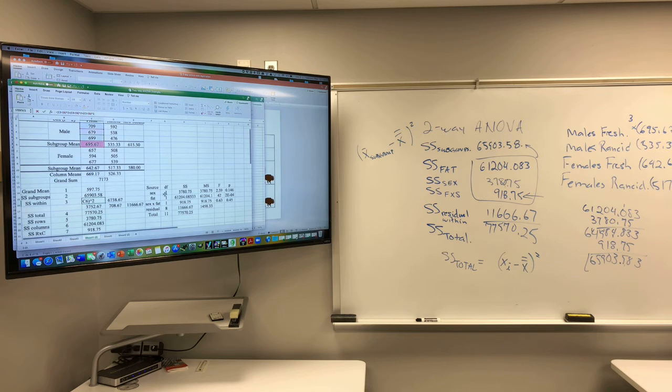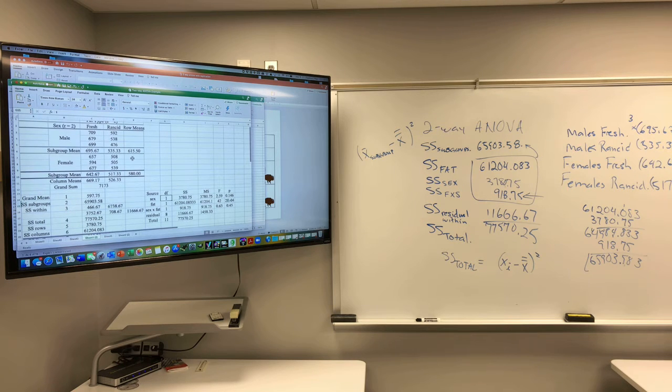The degrees of freedom are always going to be the number of treatment levels minus 1. So for the rows, you have male and female, so 2 minus 1 is 1. You have 2 fat types, so degrees of freedom is 1.